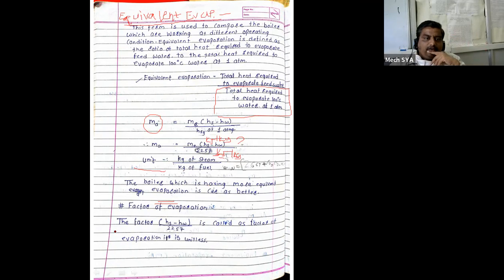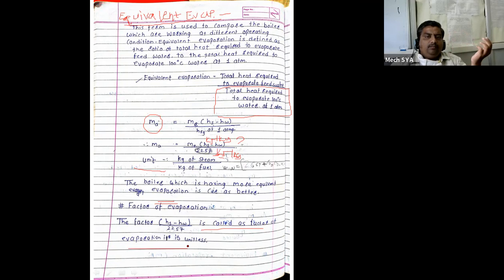Next is the factor of evaporation. If you want to compare boilers per kg of steam, the factor HS minus HW divided by 2257 is called the factor of evaporation. It is used to compare two boilers operating at different operating conditions, per kg of steam.